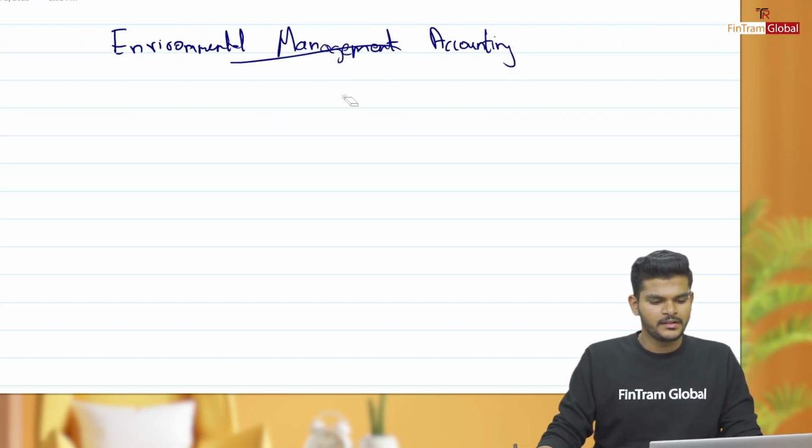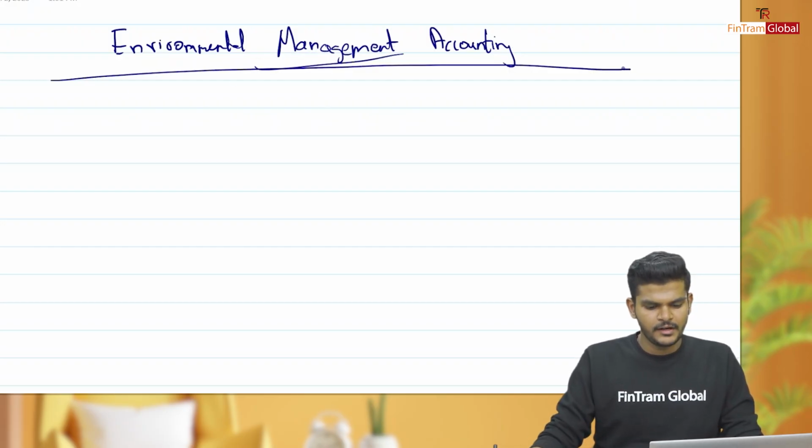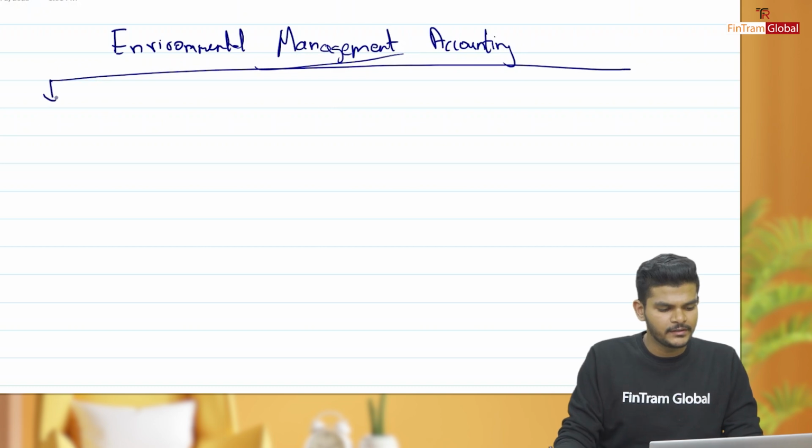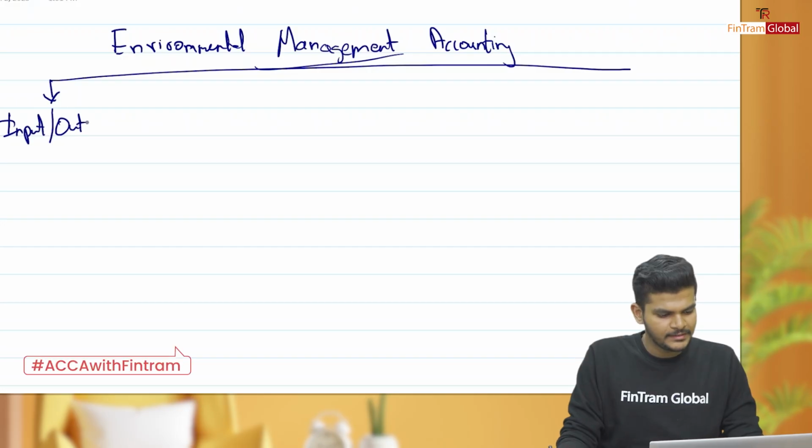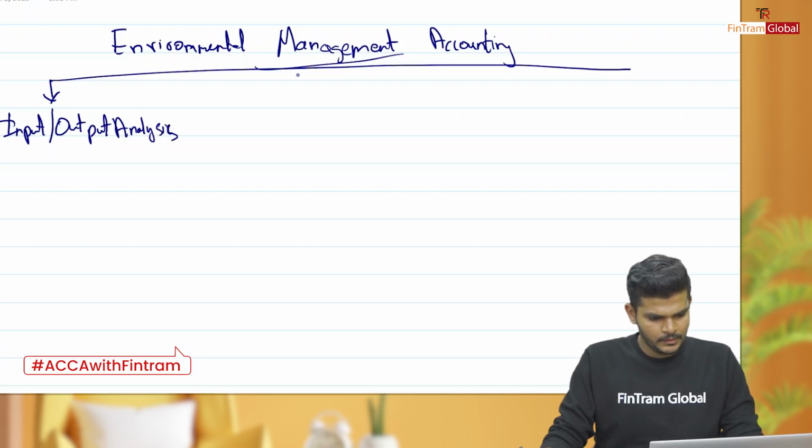So, when it comes to environmental management accounting, there are 4 methods which we've learned here, right? What are the 4 methods? First of all, there was input output analysis, right? And then there was flow cost accounting.